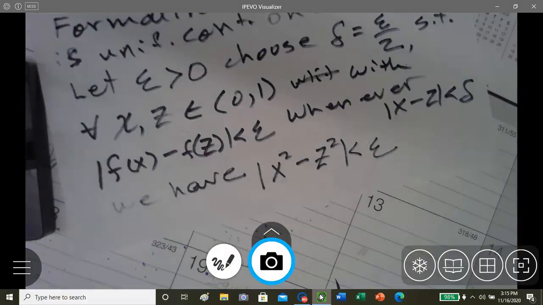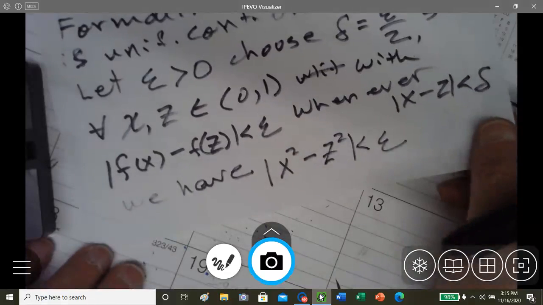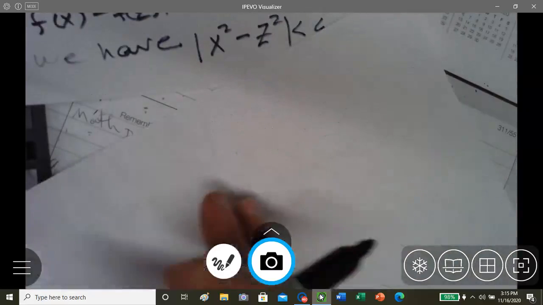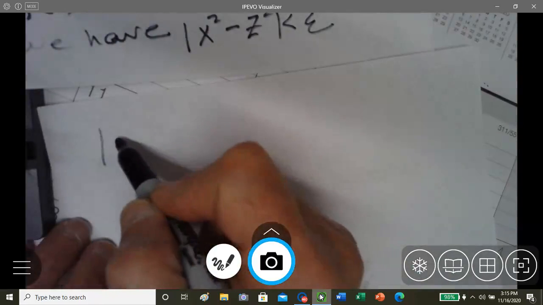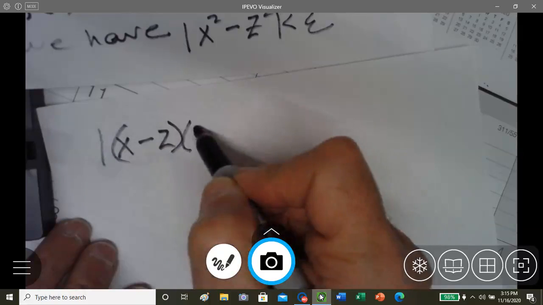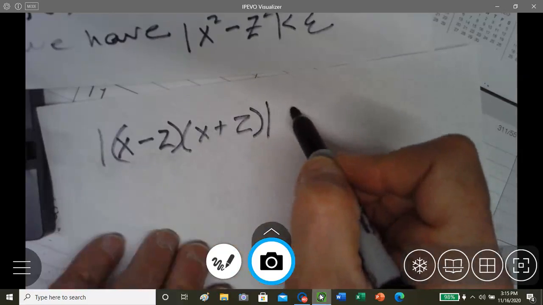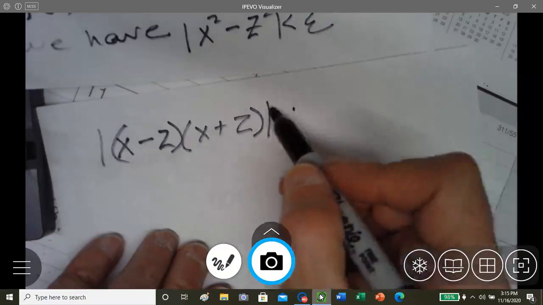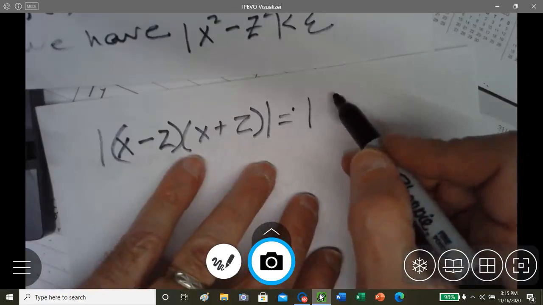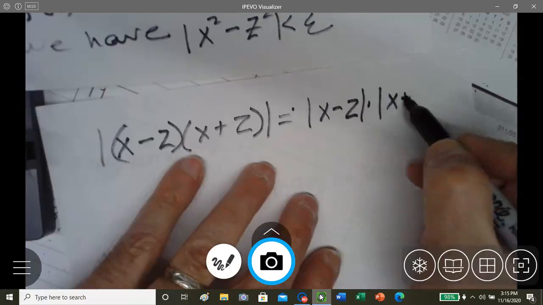We're taking f of x and placing x squared in there. Now we're basically just repeating what we did in our scratch work. So now this will factor into x minus z times x plus z.